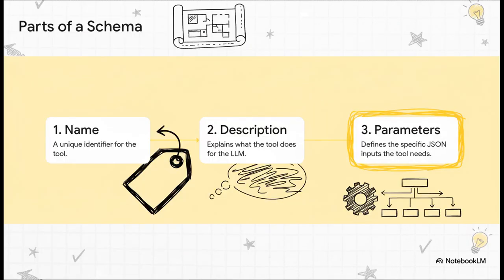And what's really cool is how simple this blueprint is. It's just 3 parts. First up, the name. Gotta call it something, right? It's the unique ID. Second, and this is absolutely crucial, the description. This is you explaining in plain English what the tool does so the model knows when to use it. And third, the parameters. This just defines the specific ingredients the tool needs to do its job. It's a really simple but incredibly powerful system.